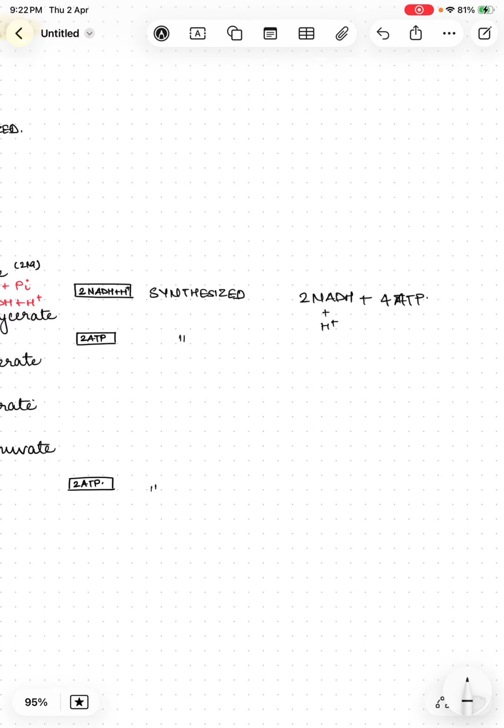But in the initial reactions we have utilized 2 molecules of ATP, thus the net gain is 2 molecules of NADH plus H plus and 2 molecules of ATP.